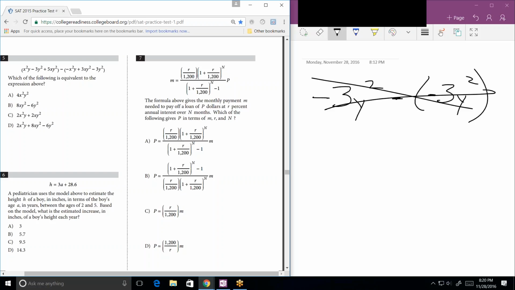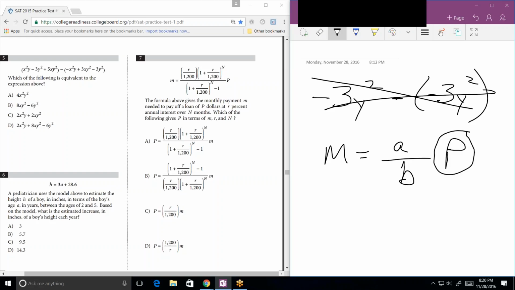So if I told you that M equals, I'll call it A divided by B times P, how would you solve for P? You'd multiply by both sides. By P? No. If I'm trying to solve for P, I've got to isolate it.